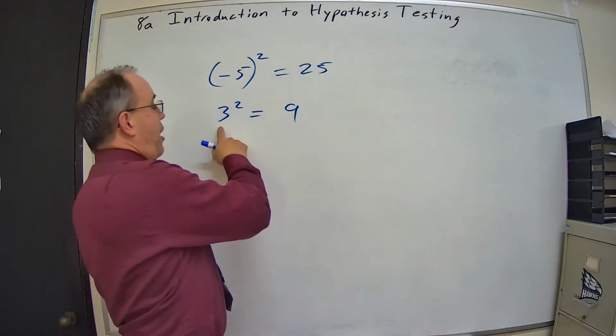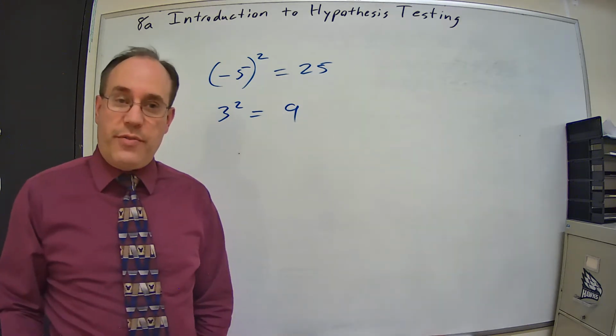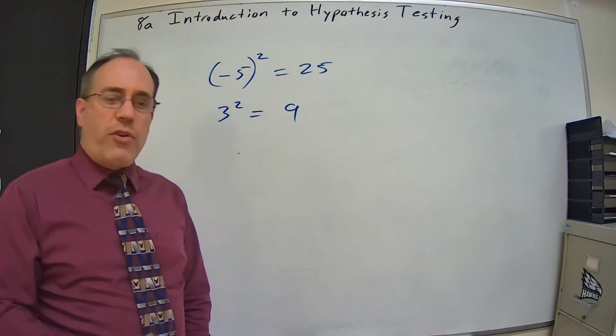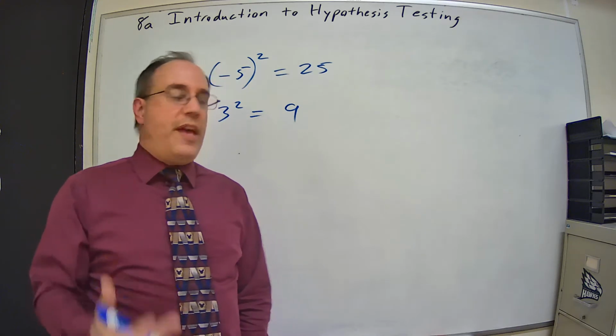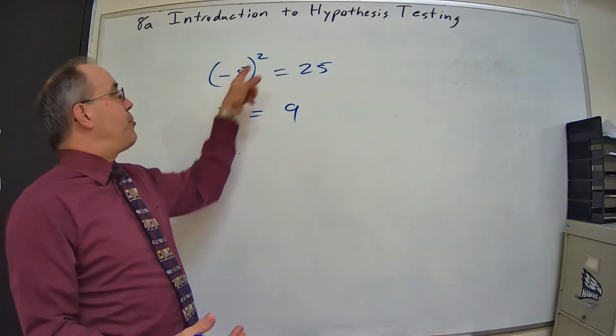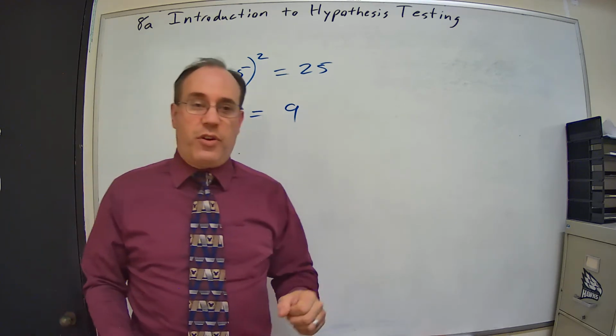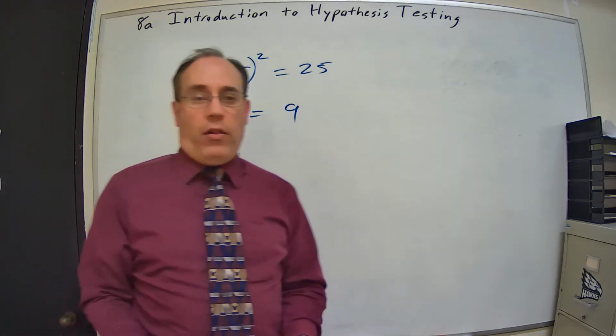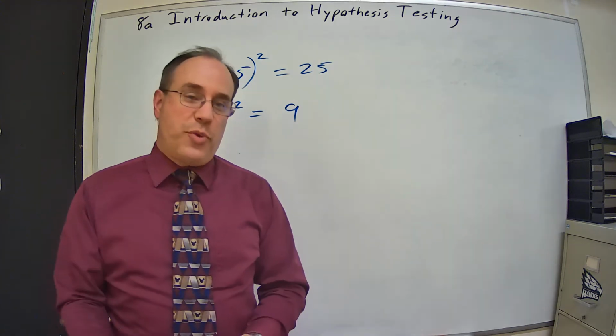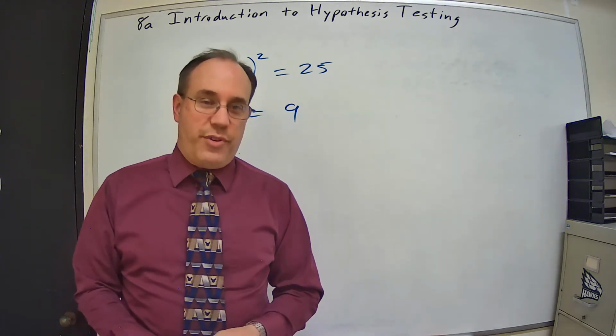Again, that proves that this number squared gives a positive result. But does it prove that all numbers squared will give you a positive result?